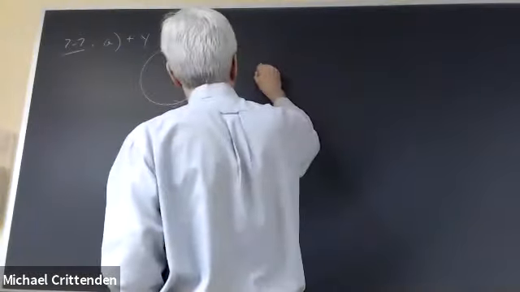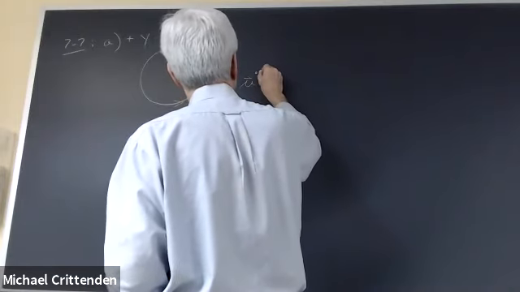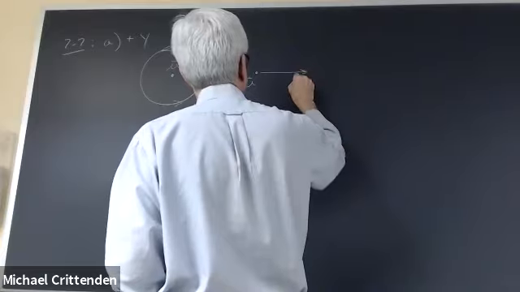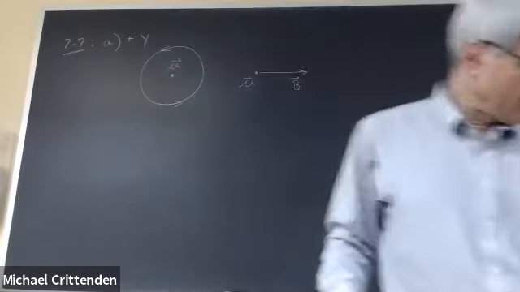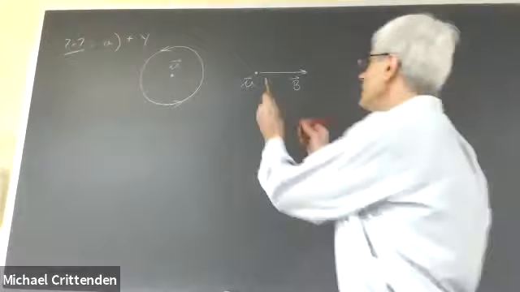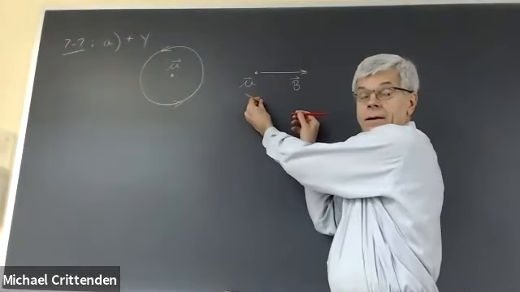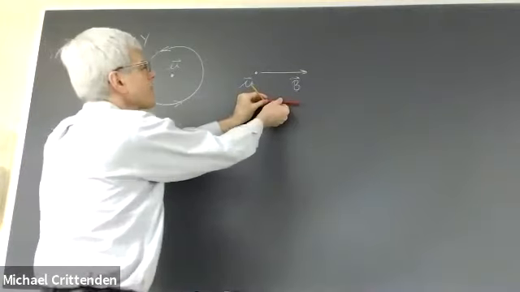And then step 2, if that's the mu vector, and if that's the B vector, maybe I'll do my pencil trick again. You've got an arrow like that, and you've got an arrow like that.